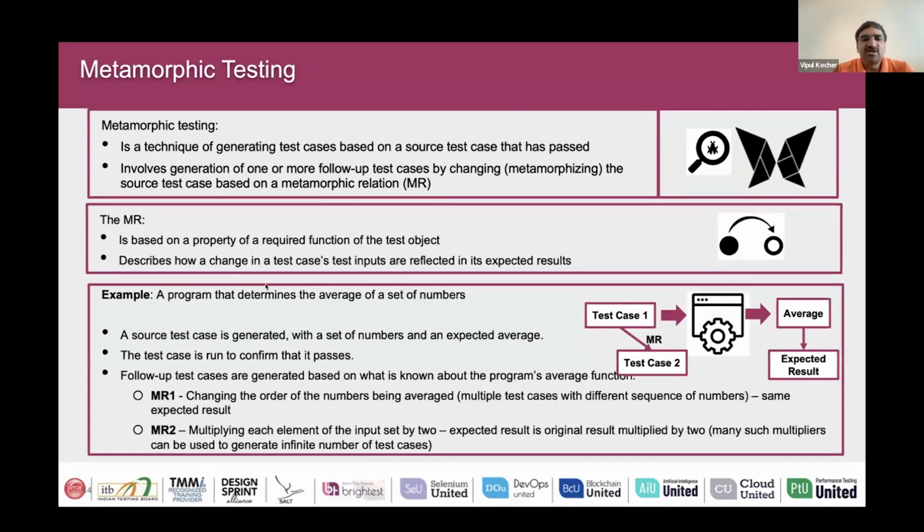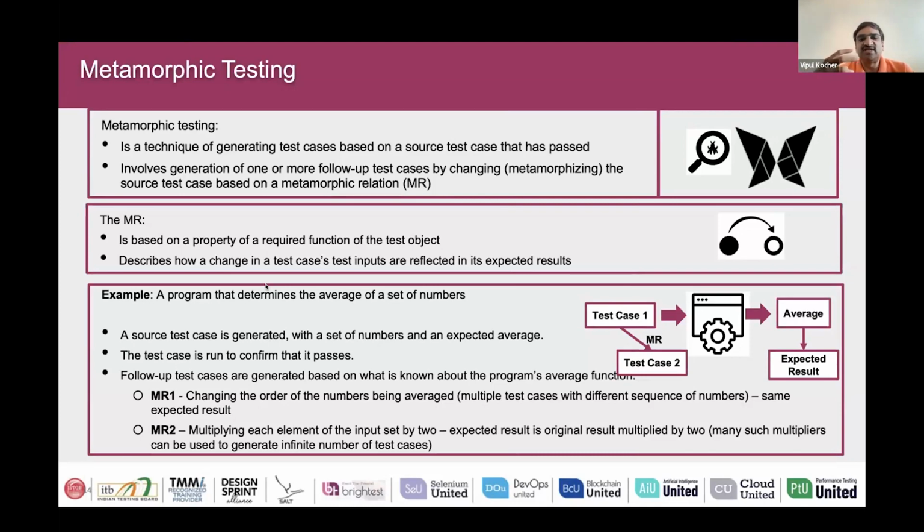For example, for a program that determines the average of a set of numbers, I know a metamorphic relation between input and output: if I change the order, the average should remain the same. If I double every number, then what should happen? You would want the average to be multiplied by 2 and so on and so forth.